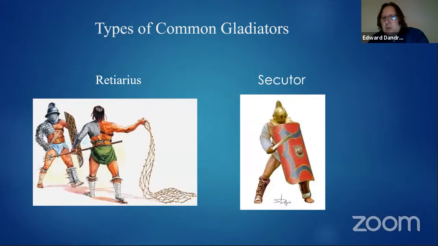We have the Secutor, who has a really strange relationship in gladiatorial combat because he's sort of the halftime or second half gladiator who chases after wounded and injured fighters and dispatches them as he comes in fresh. So he has significant advantage. He's identified by a helmet with only two little holes in it, so it makes it difficult to breathe.